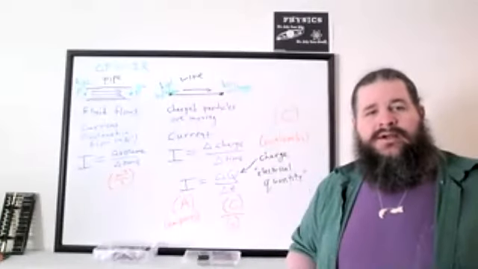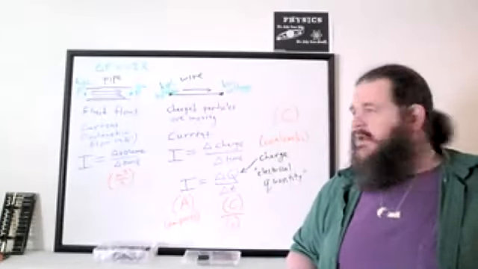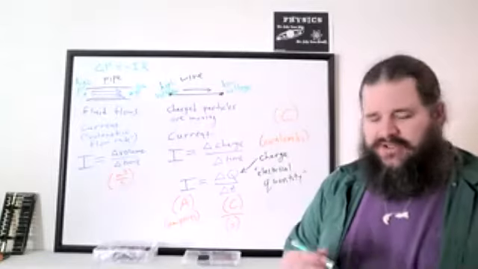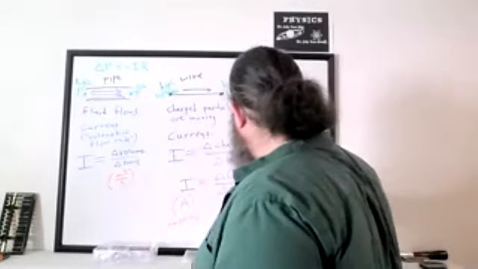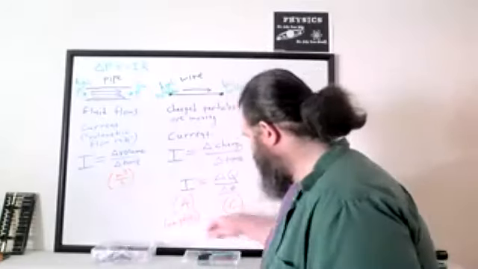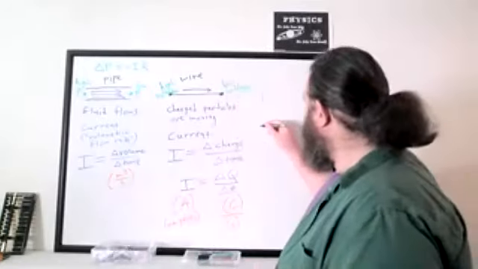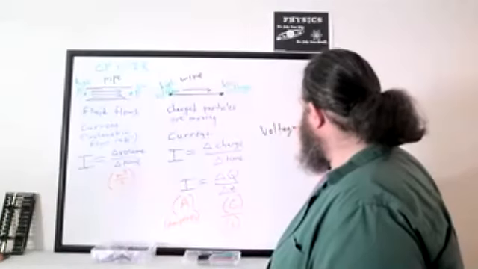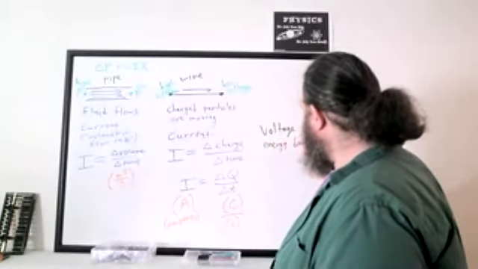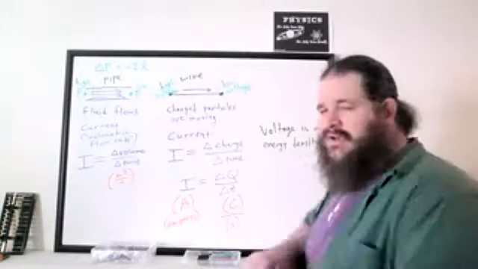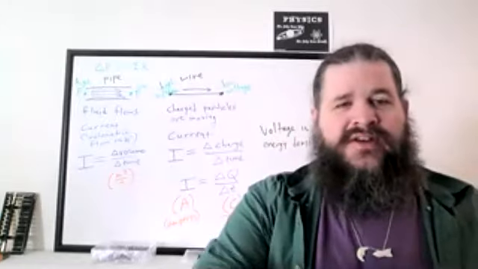Voltage is a new quantity defined in terms of electrical stuff. It also counts as an energy density, just like pressure or kinetic energy density or potential energy density.